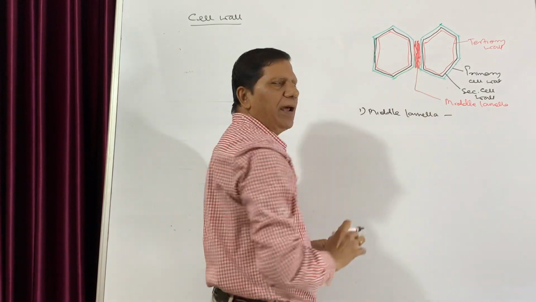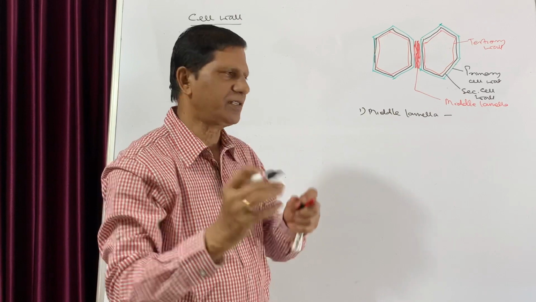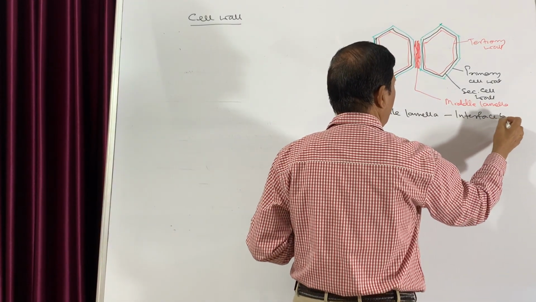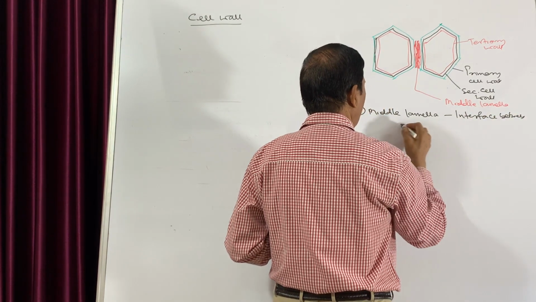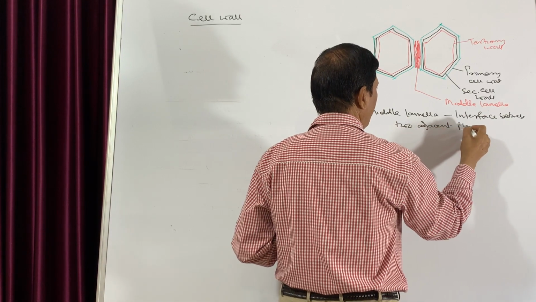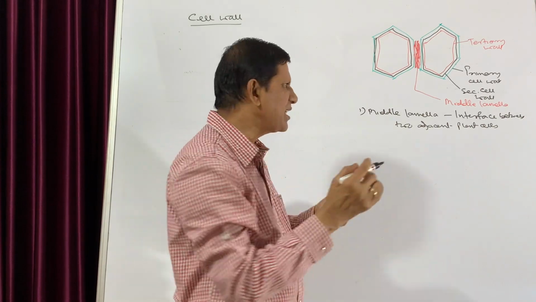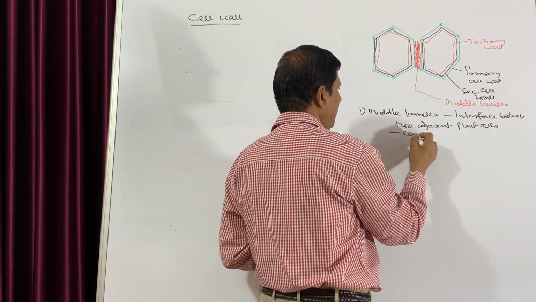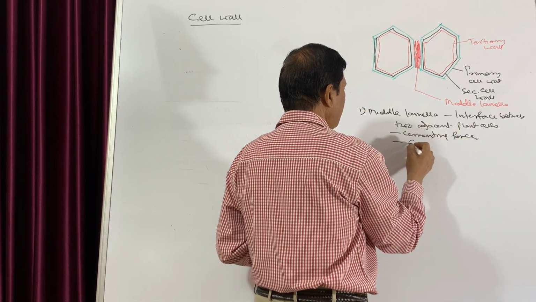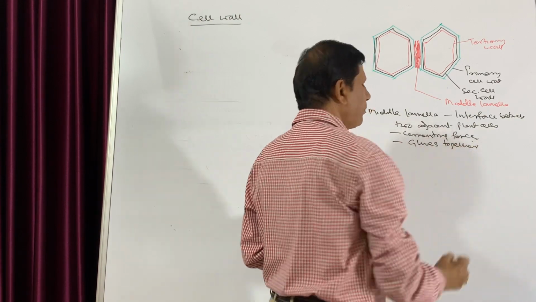Now, the middle lamella is the interface between two adjacent plant cells. That means it acts like a cementing force. We can say it glues together two adjacent plant cells.